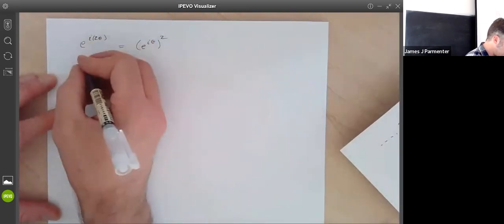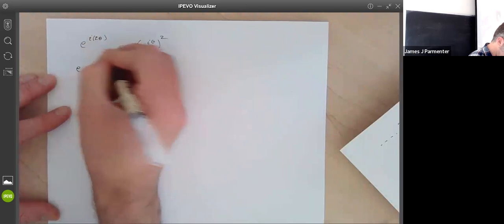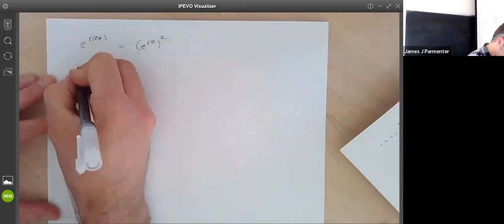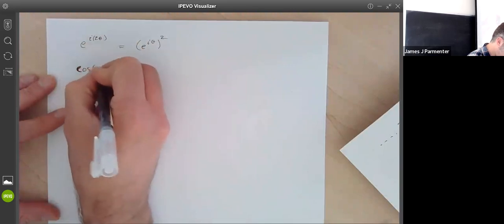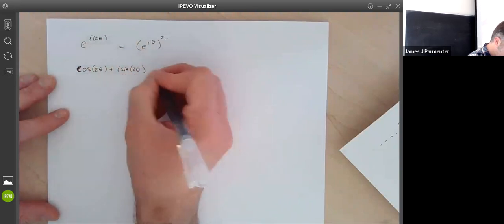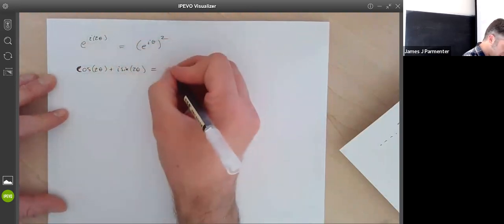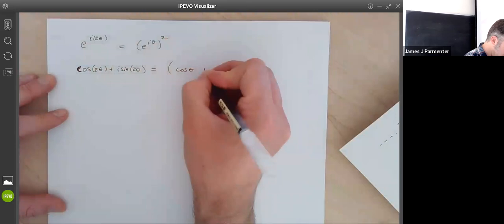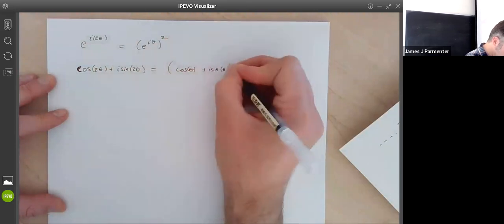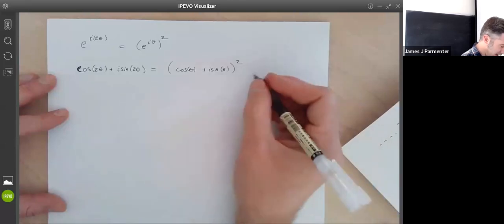So really, I'm thinking of this as e to the I times 2 theta. This is going to be cosine of 2 theta plus I sine of 2 theta. And it's going to equal cosine of theta plus I sine of theta squared, which I should multiply out.